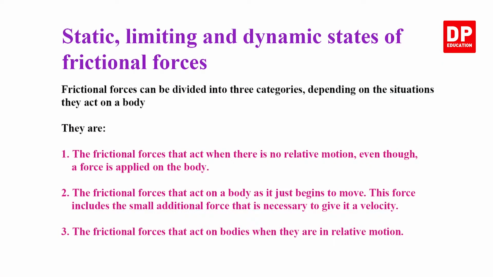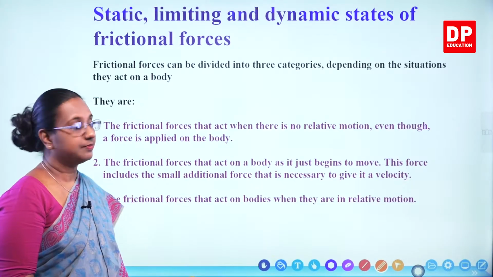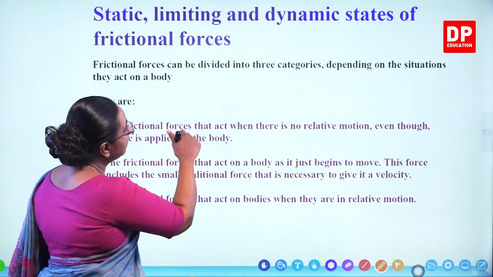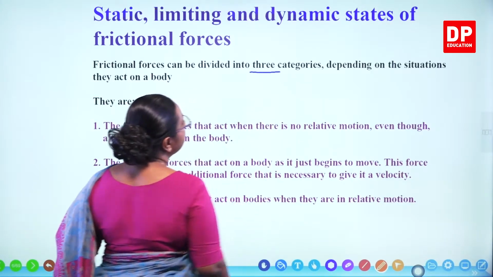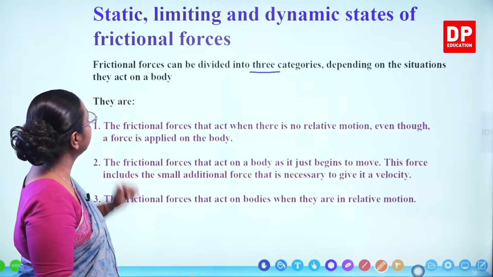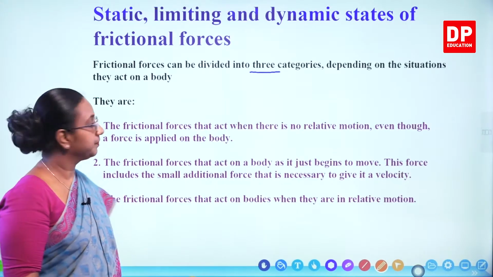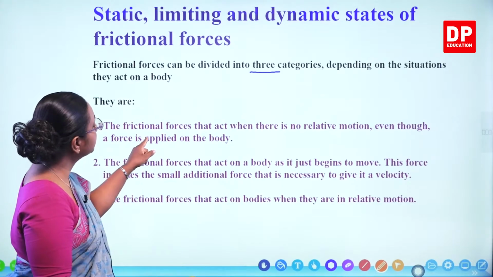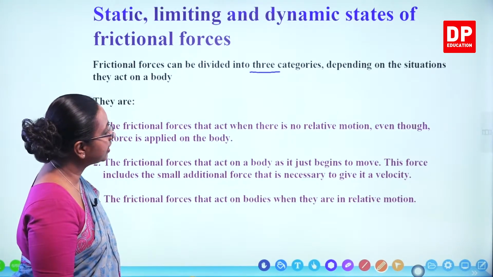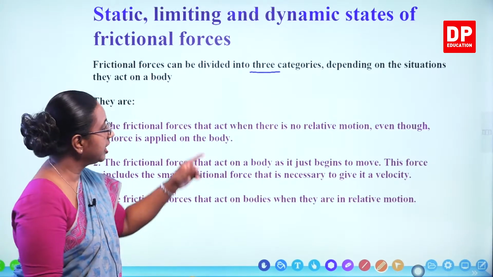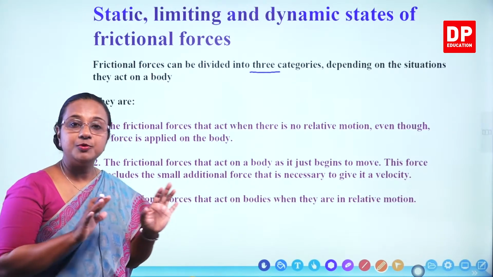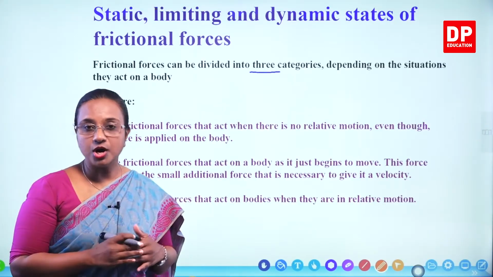Static, limiting and dynamic states of frictional forces. Frictional forces can be divided into three categories depending on the situations they act on a body. The first one: the frictional forces that act when there is no relative motion even though a force is applied, when we push a table but it does not move.